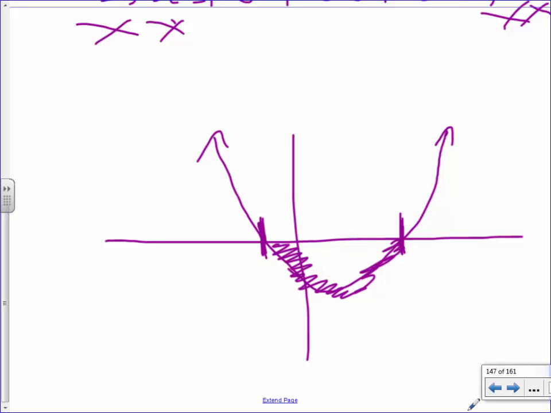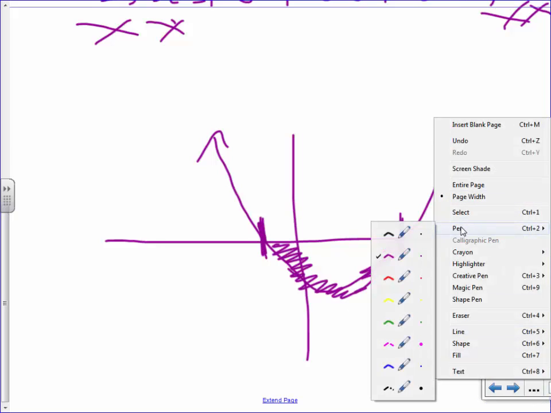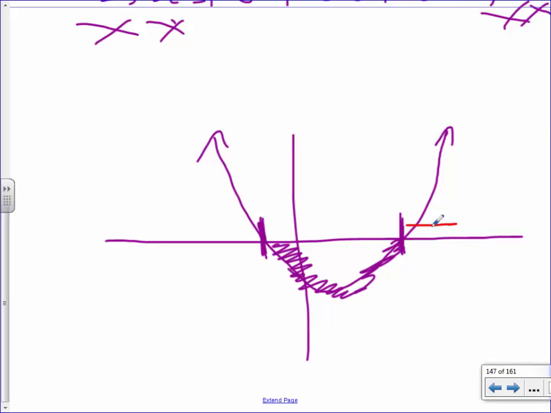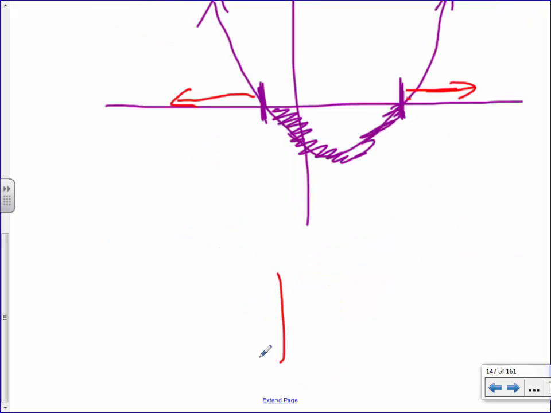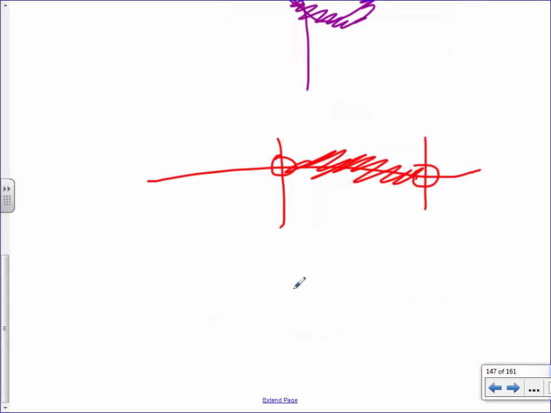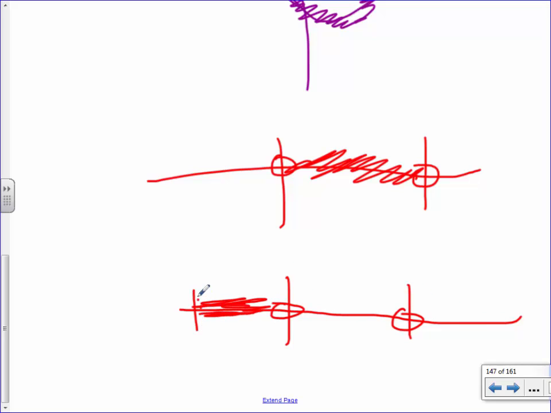If I were to ask you where it's greater than 0, then the possibilities would be, well, starting here, everything that way is greater than 0, or everything that way is greater than 0. So usually the way a quadratic works is you plot 2 points on a number line, and either you have the answer in between, or what ends up happening is the answer is the outside edges, each going outward like this.